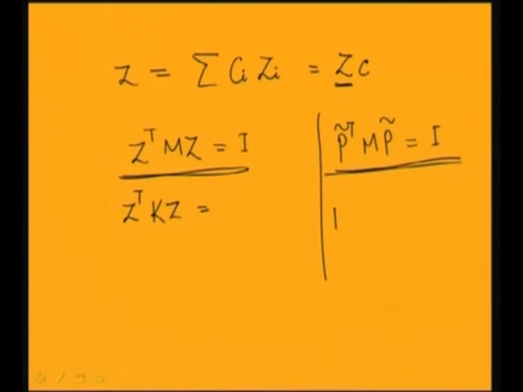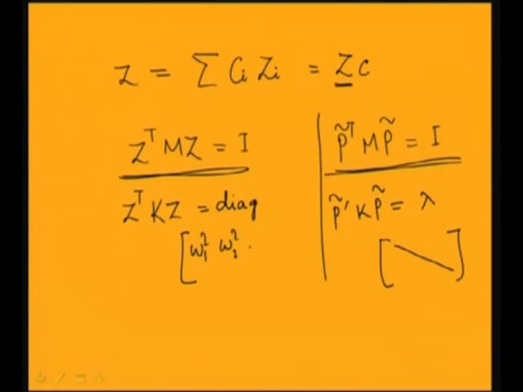If you recall the P weighted modal matrix, P transpose K P in the case of the discrete system, you have seen that this is the lambda matrix, a diagonal matrix containing eigenvalues in the diagonal. So, here, taking Z transpose K Z, we obtain a diagonal matrix with omega 1 square, omega 2 square up to omega n square in the diagonal.